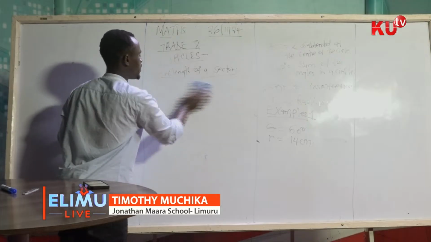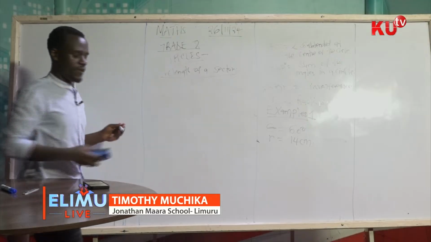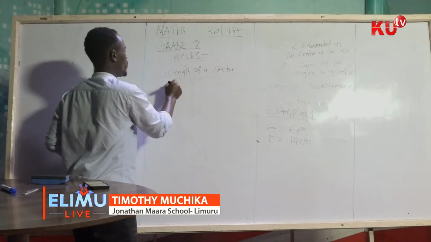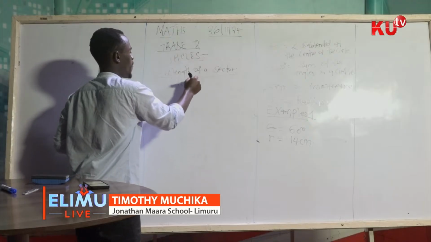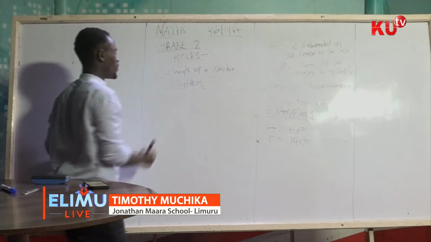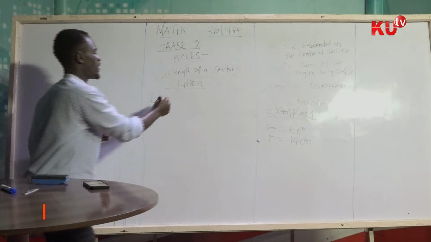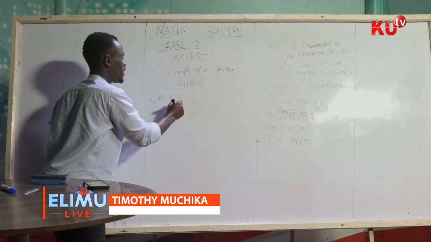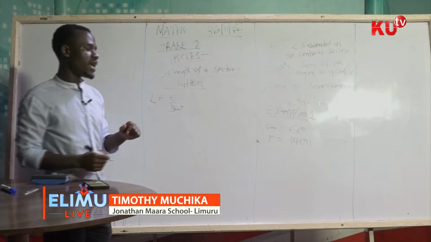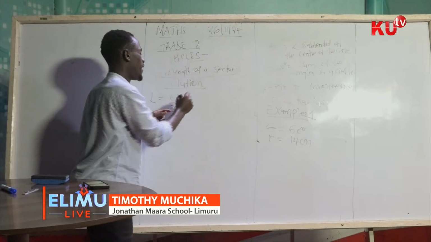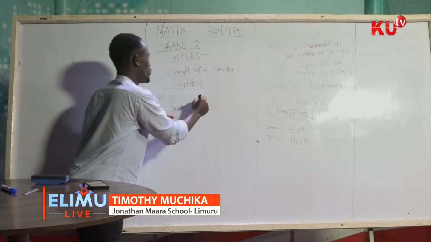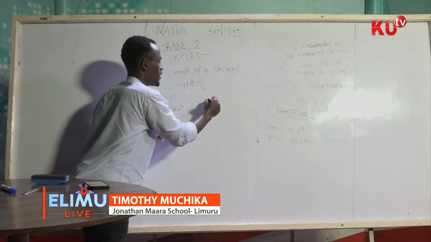As we have learned before, the first thing, solution. We know that arc length equals theta over 360 degrees, and you multiply it by 2 pi r.